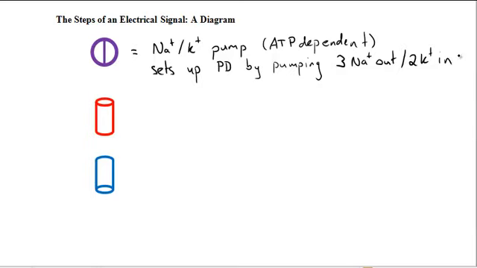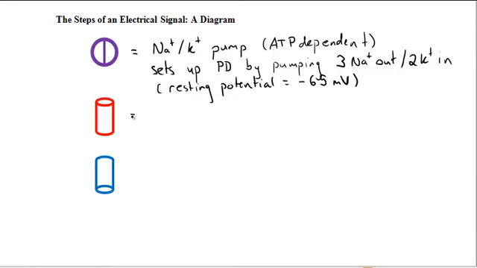So if it's pumping more positives out than in, the inside is going to have less positives, so it's going to set up a negative potential, what's called the resting potential, which we can actually put little clamps on and measure in the neuron, that is negative 65 millivolts. So these sodium-potassium pumps are what set up our neuron so that it's ready to fire an electrical signal.